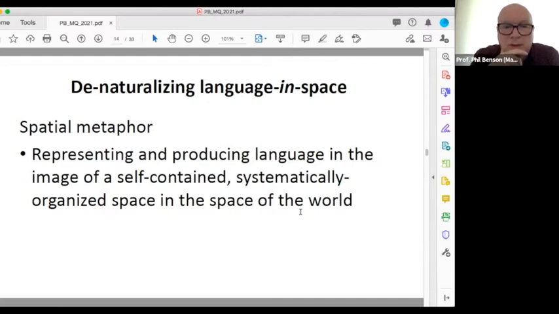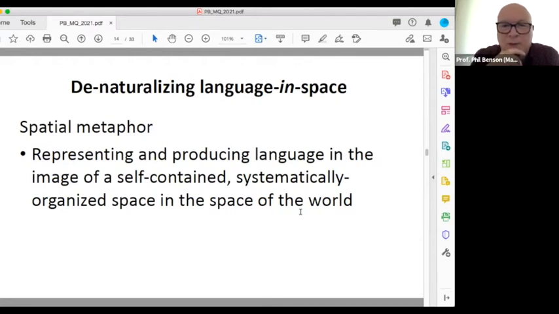I'm going to use, so in a way, the aim or the objective here is to try to denaturalize this language in space idea, to make it look odd, rather than to make it look like just the obvious way that we should go about analyzing language.